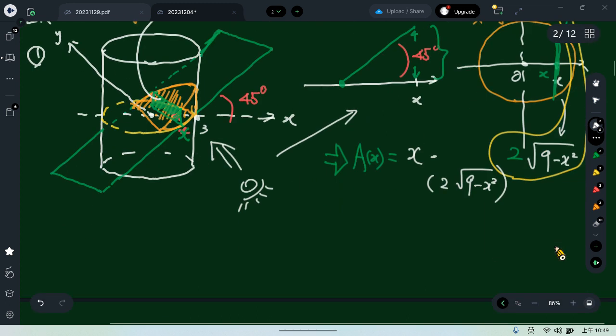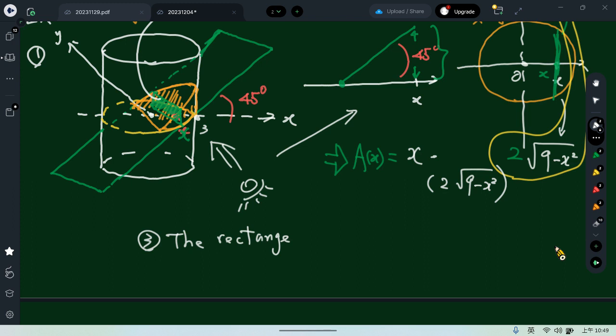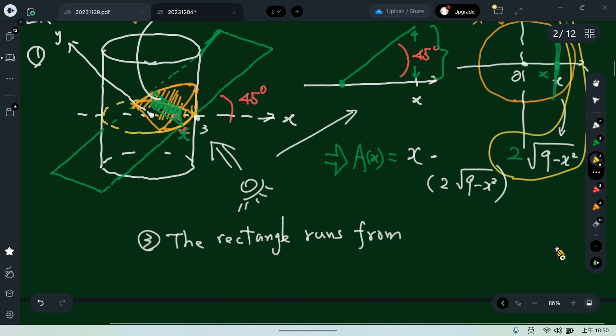So the third part is the rectangle that runs from x equal to 0 to x equal to 3.